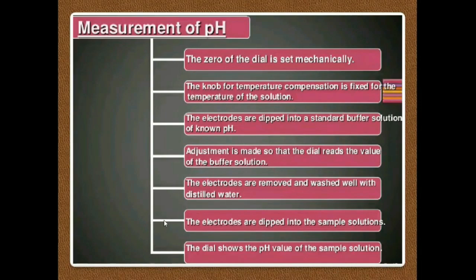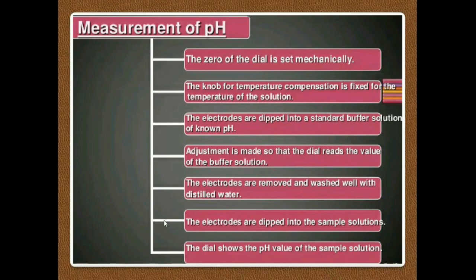The measurement of pH, how to measure pH using a pH meter. The zero of the dial is set mechanically. First you have to set zero in the monitor. There is a knob for temperature compensation, and that knob is fixed for the temperature of the solution. Then the electrodes are dipped into a standard buffer of known pH.